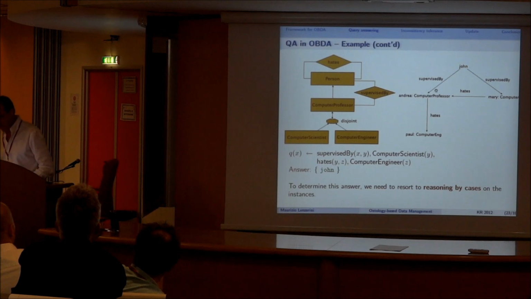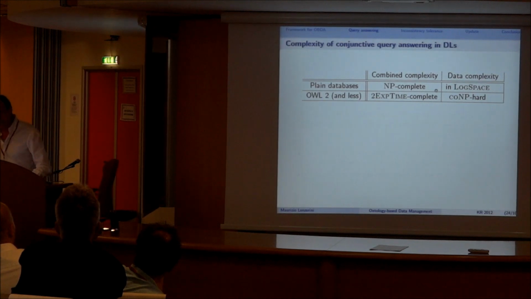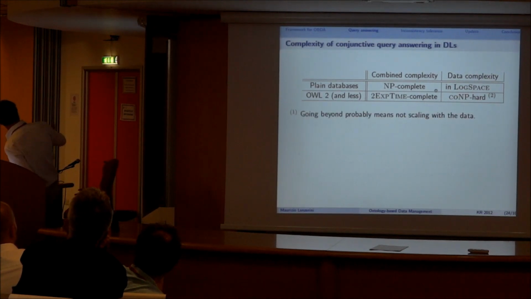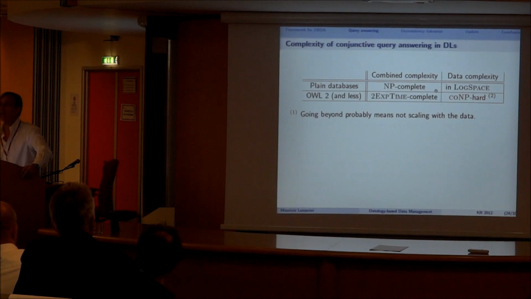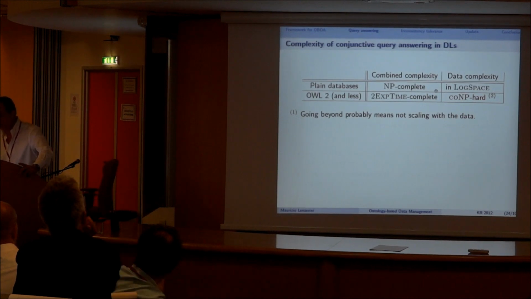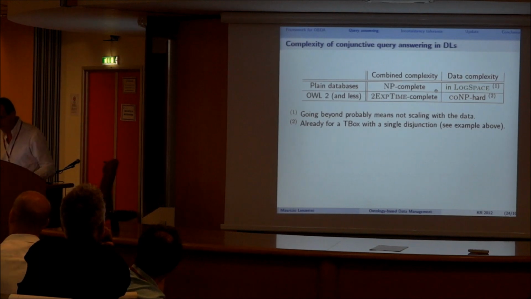In fact, what we can show immediately is that although in the case of a plain database the data complexity is in log space, for example in DL-Lite's expressive cousin, a fairly expressive language for ontology representation, the data complexity of query answering is co-NP hard. And this is true already for a very simple T-box with a single disjunction.